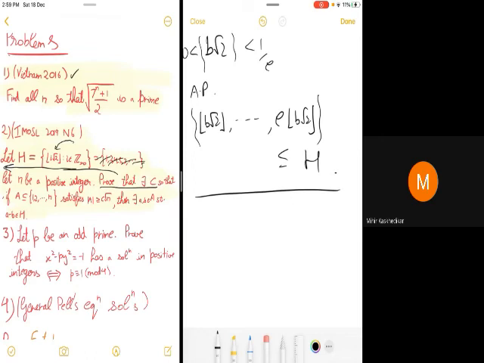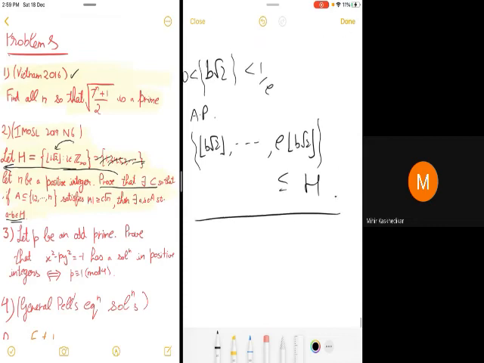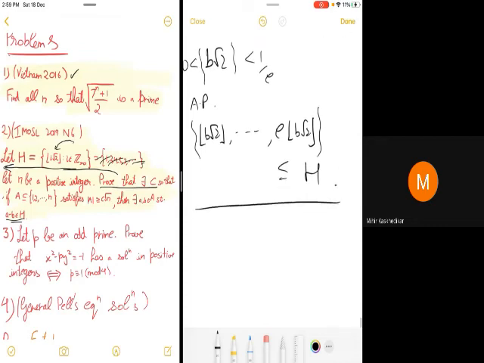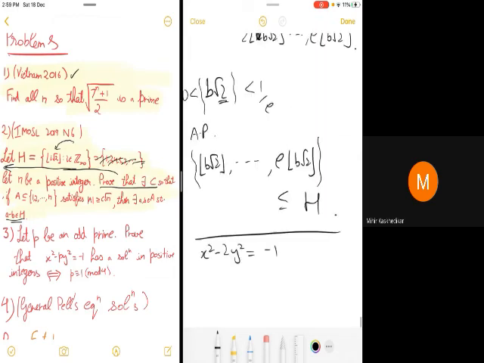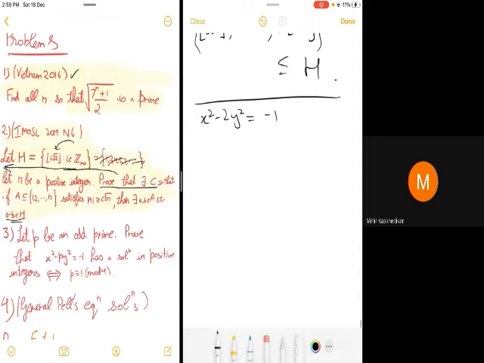But let's just do this using Pell's equation. So we want to find close approximations to root 2. Let's consider the negative Pell's equation, because you'll see in a minute.